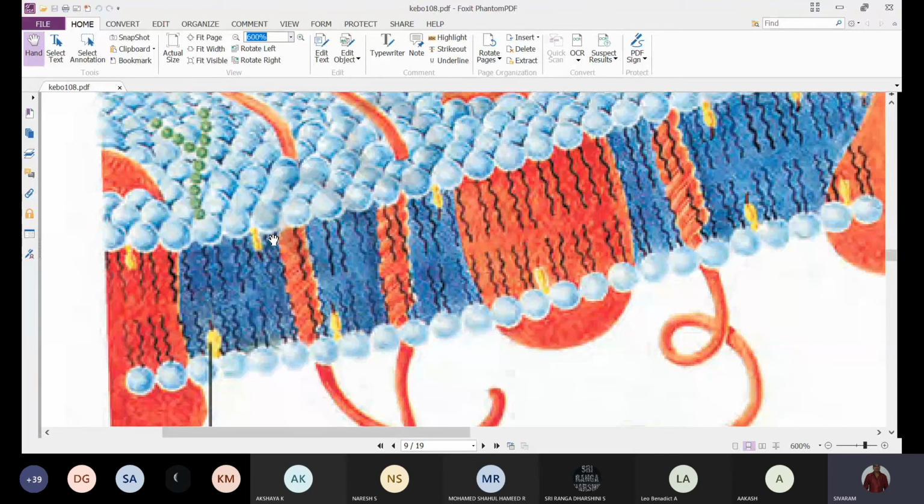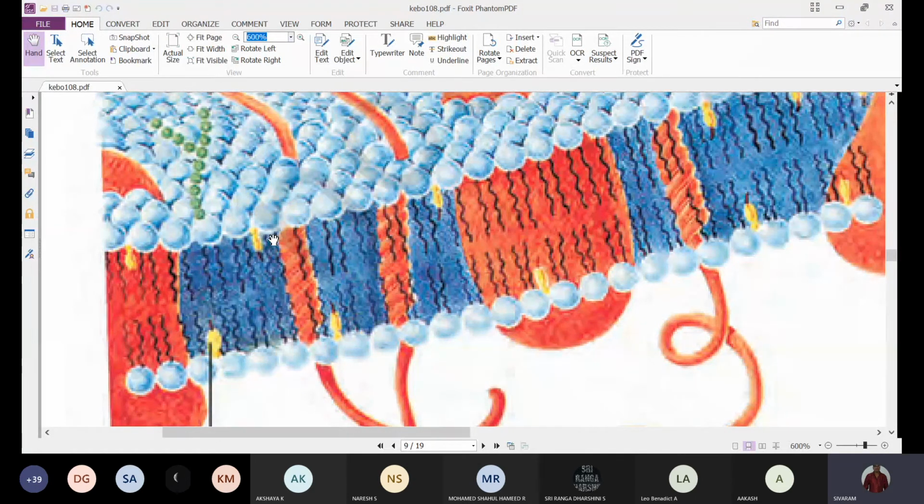Why are the hydrophilic heads placed towards the outer region, towards the environment and towards the cytoplasm? Because it facilitates dissolving in water and helps in the transportation of substances, and as a result the structure of the plasma membrane cannot be destroyed.